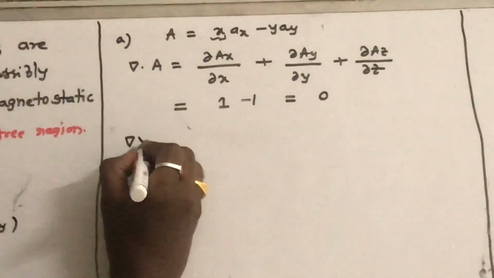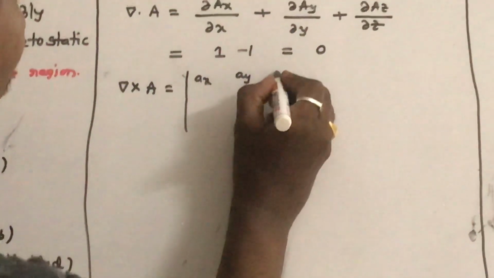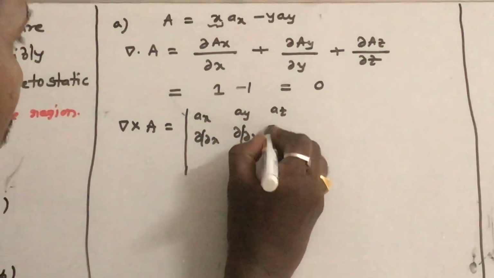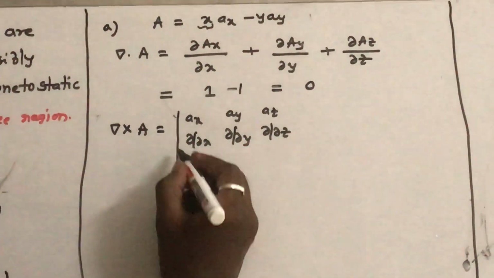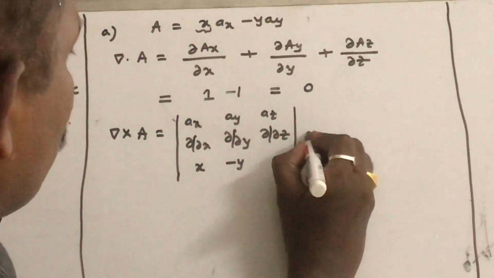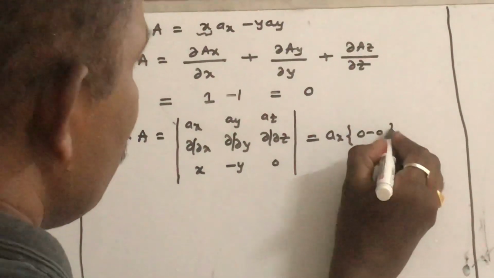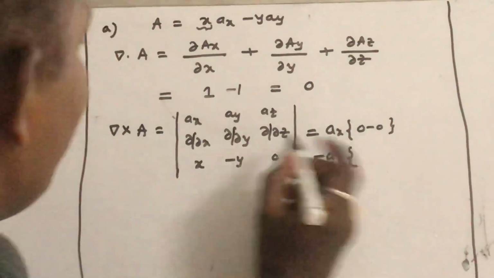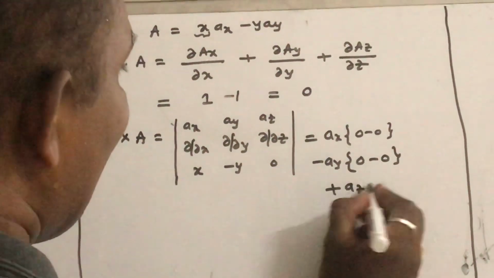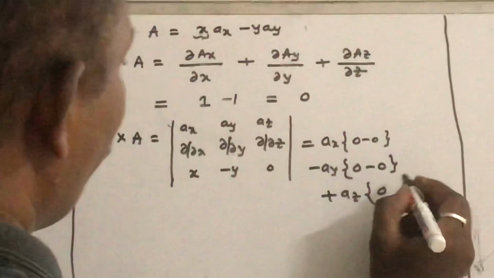Let us take the curl of A. What is the curl formula? Simple formula: the determinant with del as dou by dou x, dou by dou y, dou by dou z, and the components Ax, Ay, Az. The Ax component is x, the Ay component is minus y, Az component is not given. Taking the determinant, the terms are 0 minus 0, and dou by dou x of minus y is 0, dou by dou y of x is 0.